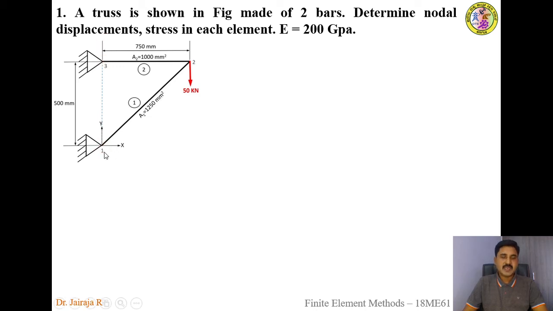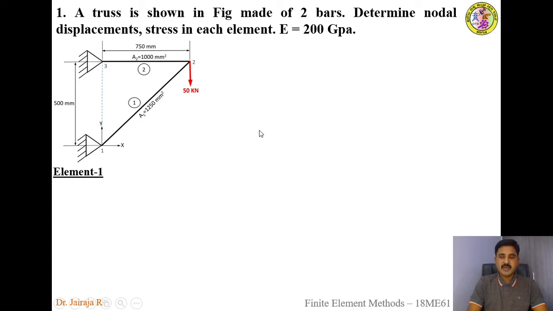Similarly, there are also two forces at each node. Say at node 1, F1 is along x direction, F2 along y direction. At node 2, F3 along x direction, F4 along y direction. At node 3, F5 along x direction, F6 along y direction.